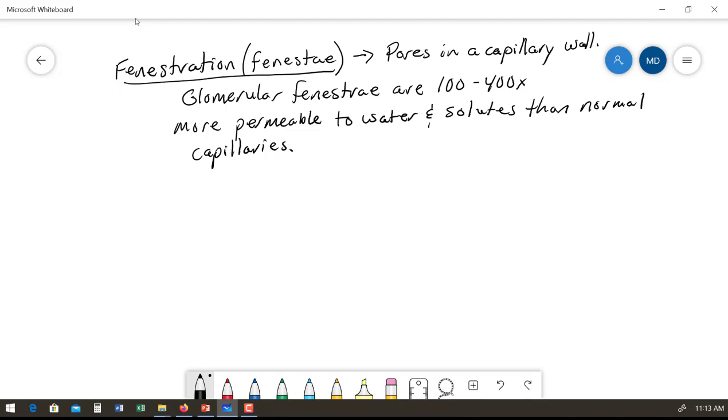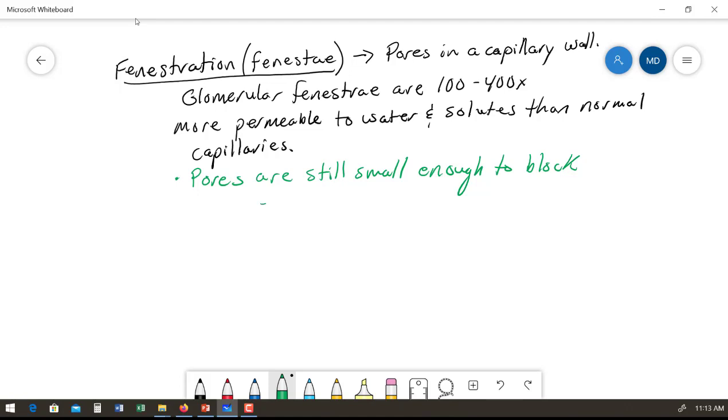Still, a few facts about the pore size. The pores, the holes, are still small enough to block certain things.